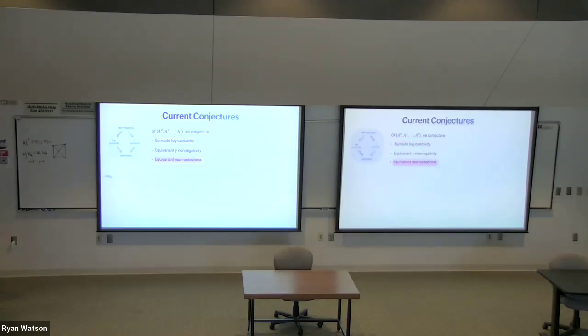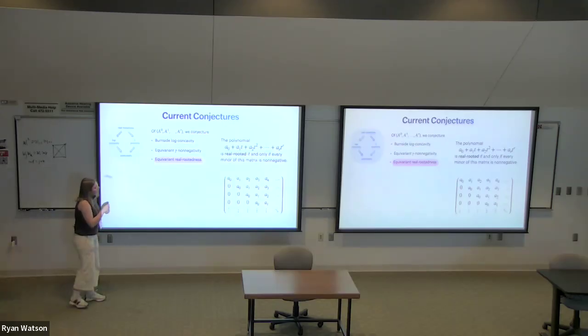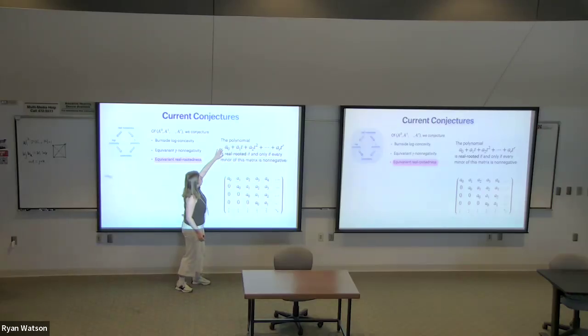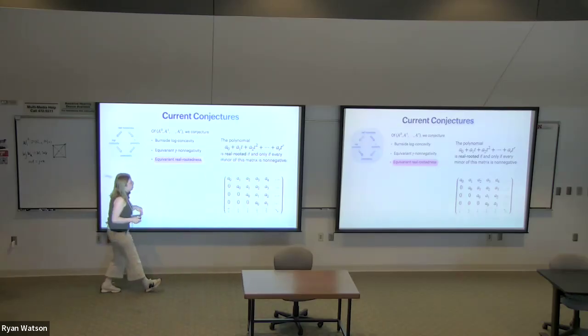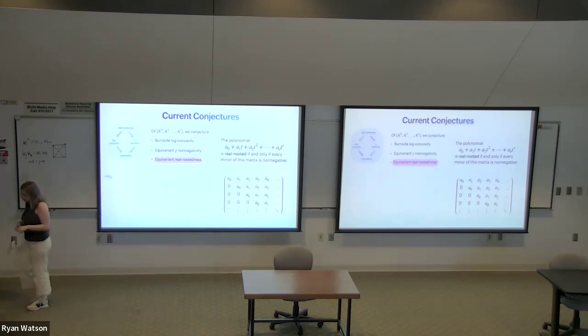Then I also want to mention equivariant real rootedness. So in general, this polynomial is real rooted if and only if a minor of this matrix is non-negative. Real rooted means that this polynomial has real roots, but you can recharacterize that in terms of having non-negative minors of this matrix.